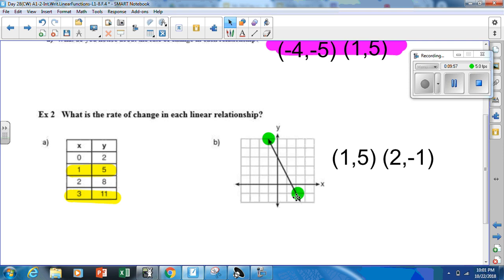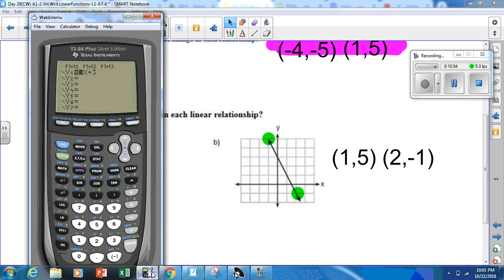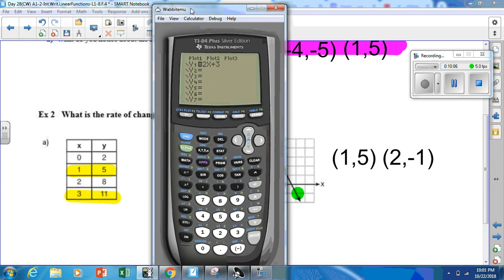So let's put these values in the calculator and let it do what it does. Here we are. Go to stat. We hit edit. You guys are already ahead of me. All right, we're going to hit clear and enter. Scroll. Let's hit clear and enter again. Phenomenal.